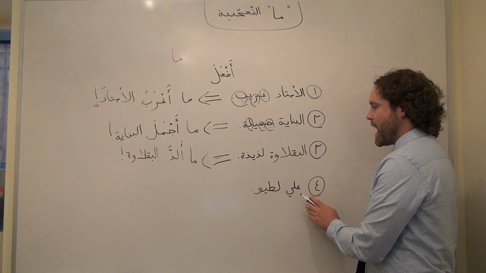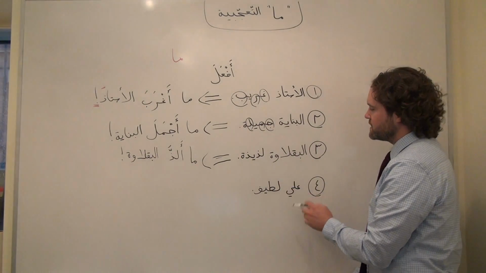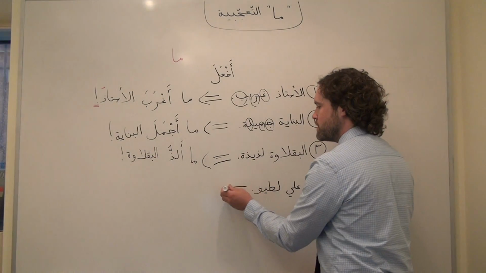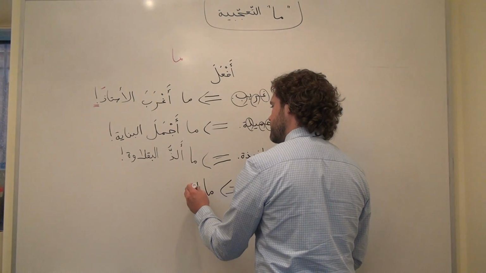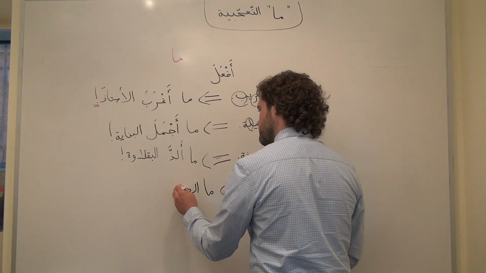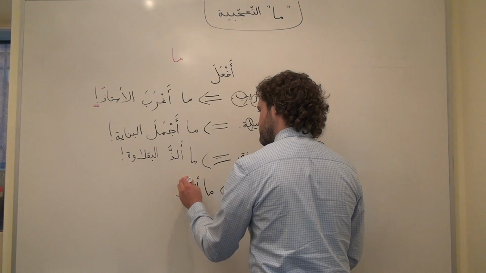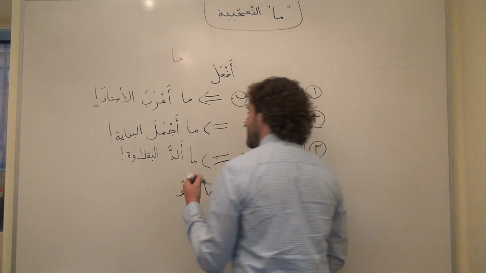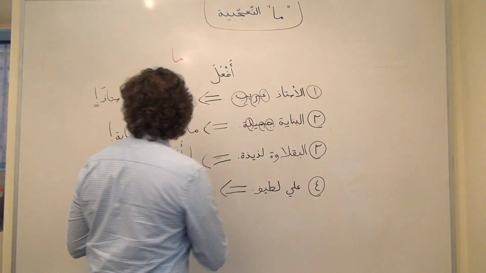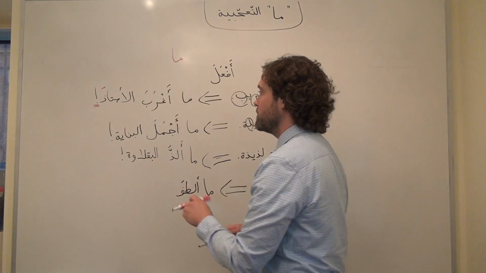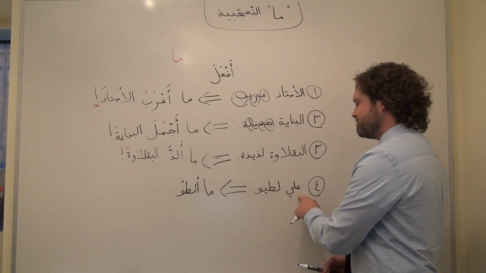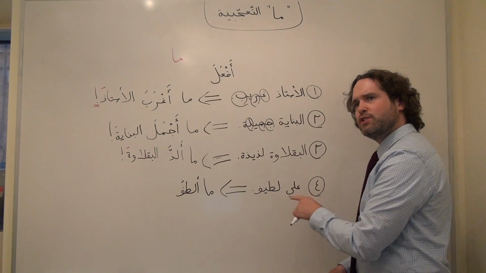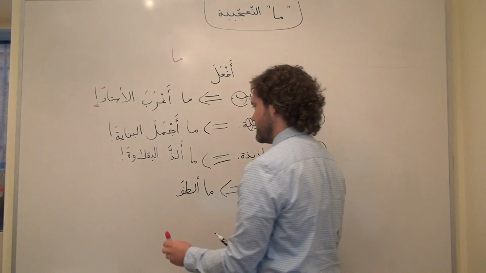Finally, if we wanted to say Ali is still very, very nice. Ali latif we could say, or we could say ma altafa Ali. And here, again, remember all of these are mansoob with a fatha. And Ali, because we don't have an alif lam, is actually going to take tanween in a case like this.